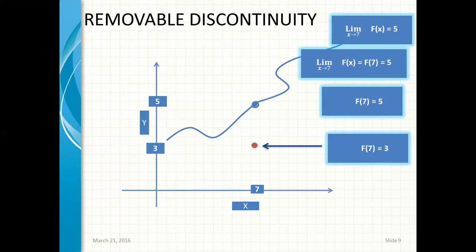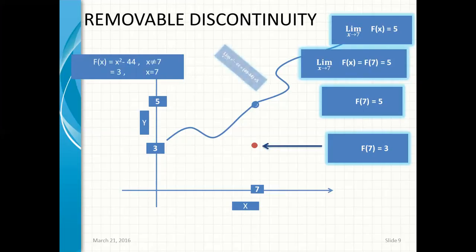Now let us take a practical example. Let's have a function f(x) equals x square minus 44 for x not equal to 7, and equal to 3 for x equals 7. Now if I want to take the limit of this function at x equals 7, limit x tends to 7 of x square minus 44.